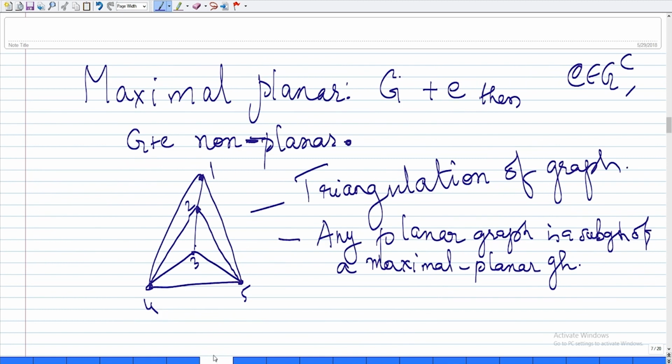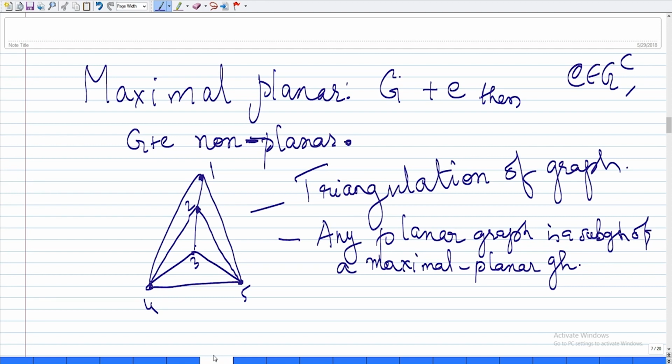If you see in my maximal planar graph, every face has degree 3, right. That is what we are trying to do. We are triangulating the graph so that every face will have degree 3, I mean except the outer face, right. In fact, even the outer face has degree 3.